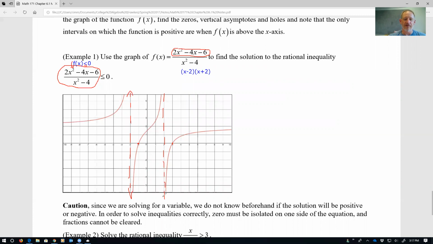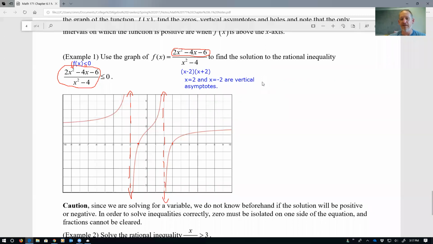Those, of course, happen when the denominator is equal to 0. So setting the denominator equal to 0, we have x equals 2 and x equals negative 2 as the vertical asymptotes. And if you notice, those are really the only places that this graph would change from positive to negative.